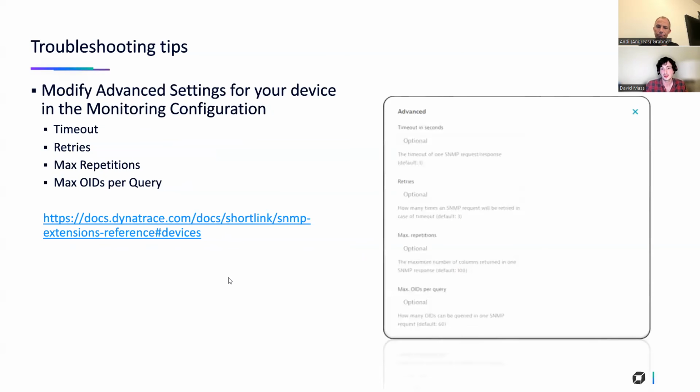And then the final piece I mentioned when I was doing the configuration: within the configuration, there are some advanced settings. If we drop that down, we can get some more configuration options specific to the device that we have configured, whether that be the timeout or the number of retries.